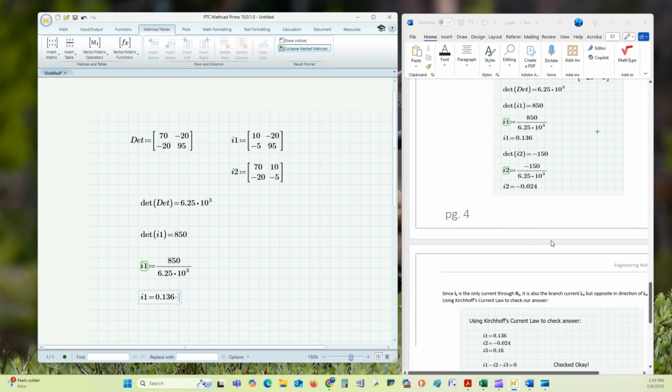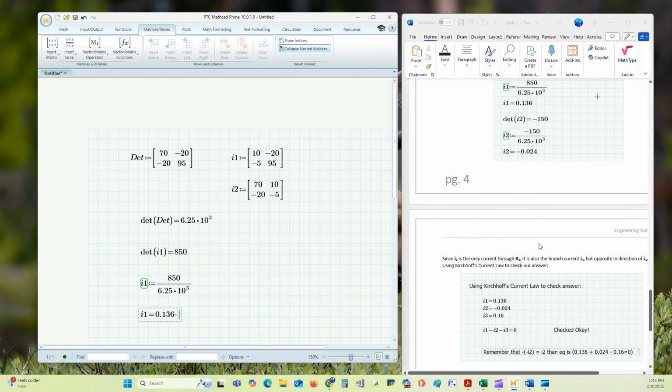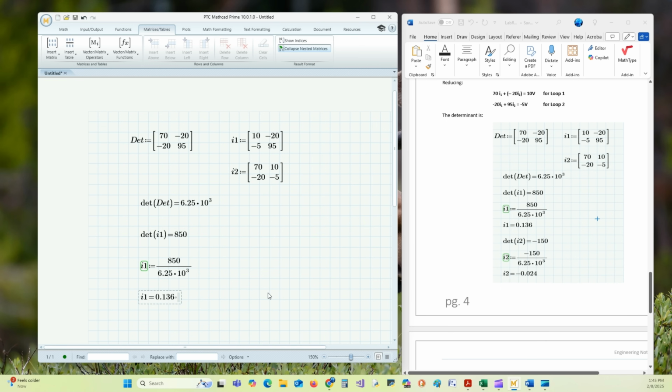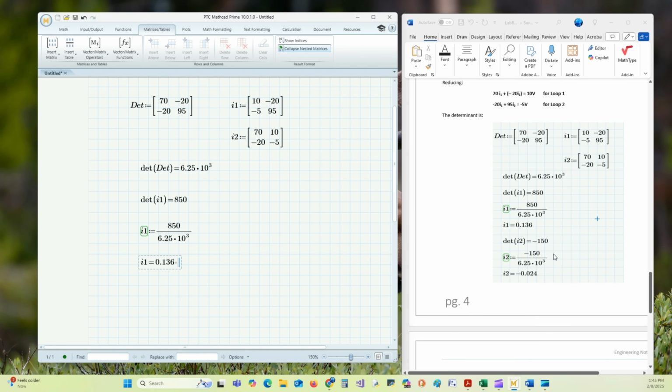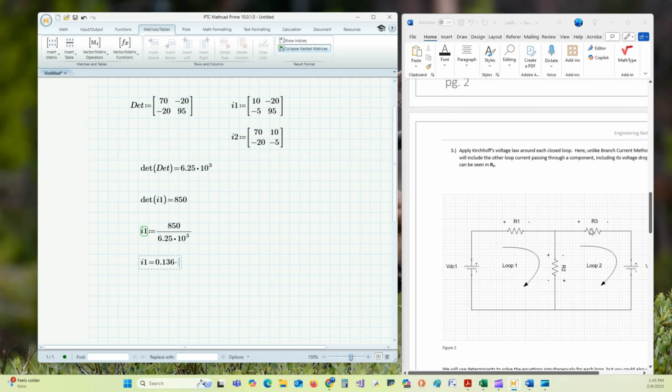And as we know from this equation, I1 equals 0.136. And we do that for I2, and then we solve I3, because remember, I3 is actually equal to the current going in this loop, which is not the same current as this.